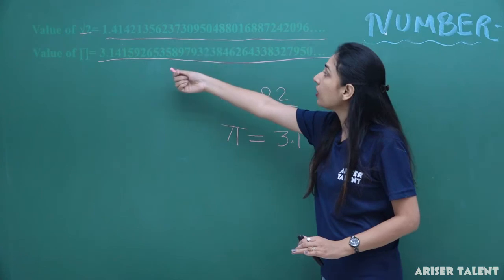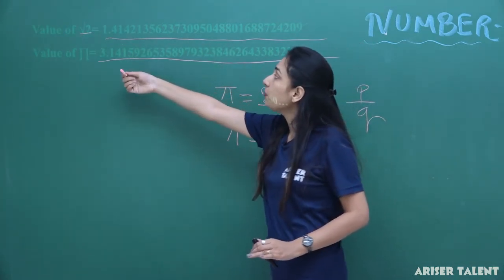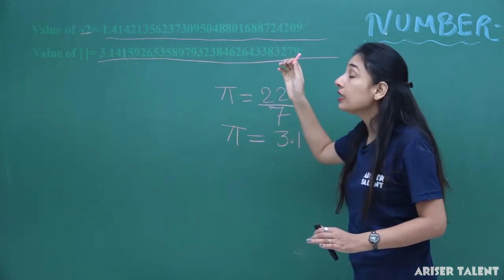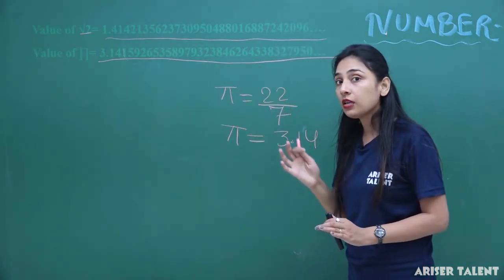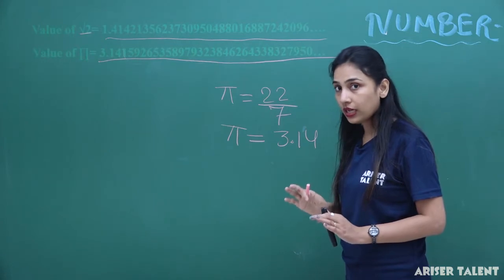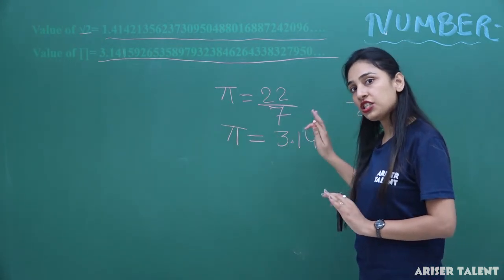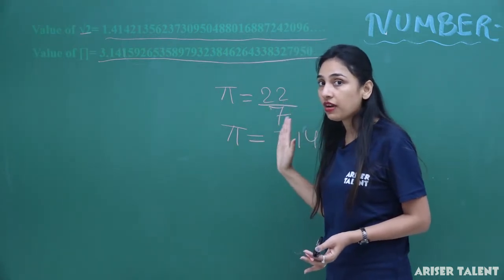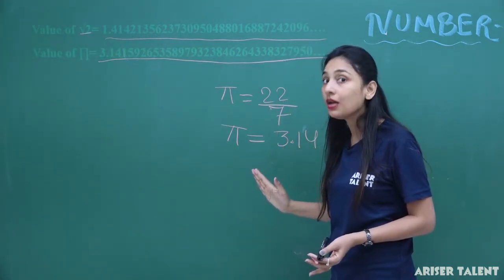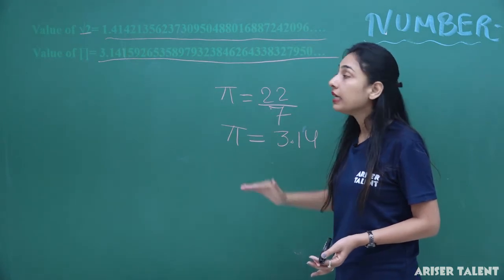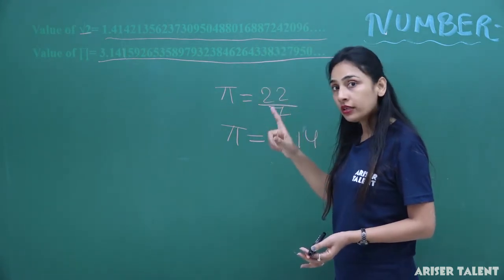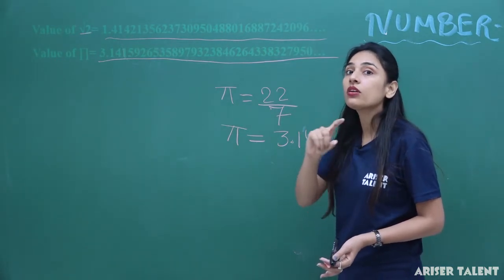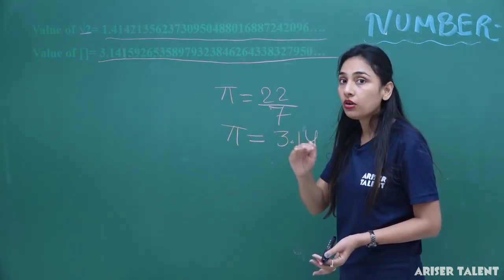Exactly the value is not 3.14, because after that we have so many digits and the digits do not have any repeating pattern. The pattern is changing and changing. So, we do not have any terminating decimal values here. I have told you about the terms terminating and non-terminating. Here it is non-terminating, but also not repeating or not reoccurring.